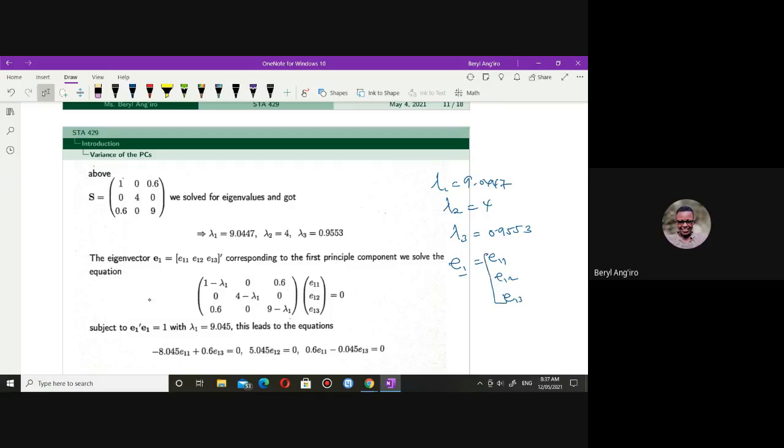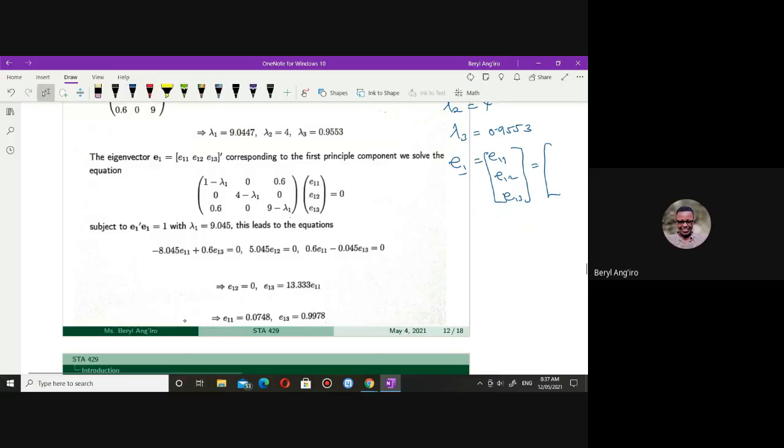This is for the first eigenvalue. And this gives e11 is 0.0748, e12 is 0, and e13 is 0.978. So the first principal component, Y1, will then be given by, let's use e.